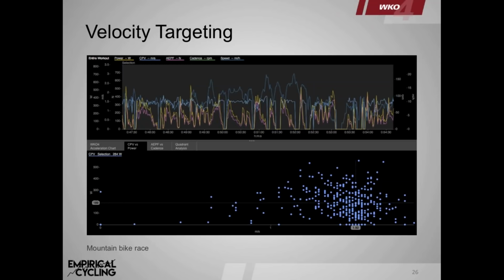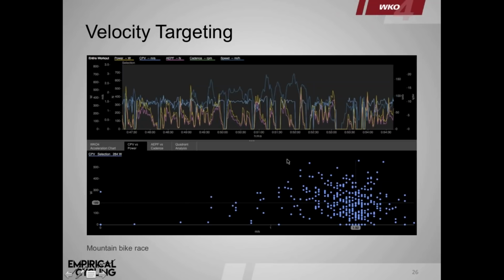And I look at the scatter plot for CPV versus power, trying to get a random representative sample of the race. So what I'm looking at is where does she produce a lot of power? So first thing is obvious that we can kind of see the beginnings of the parabola, the power velocity parabola.